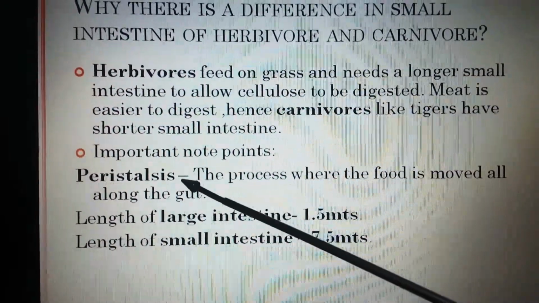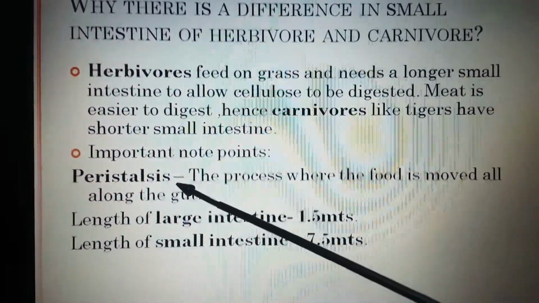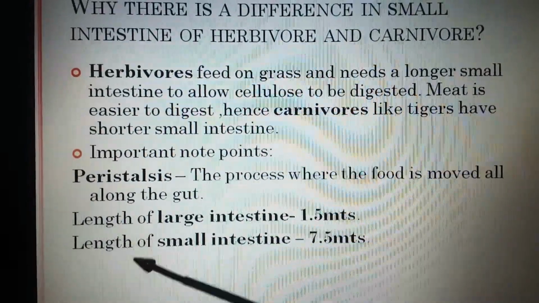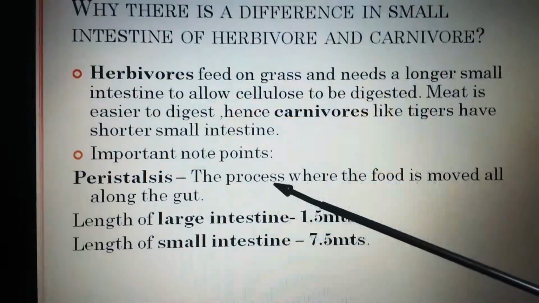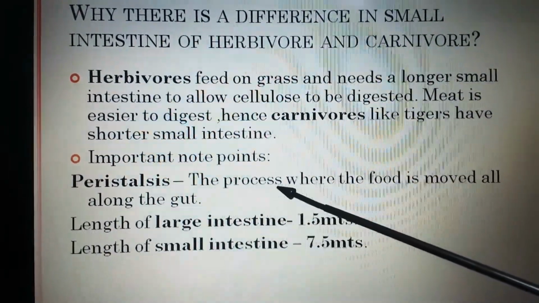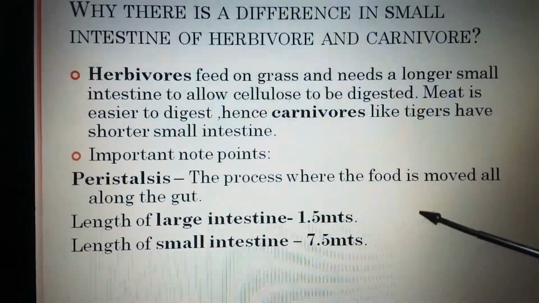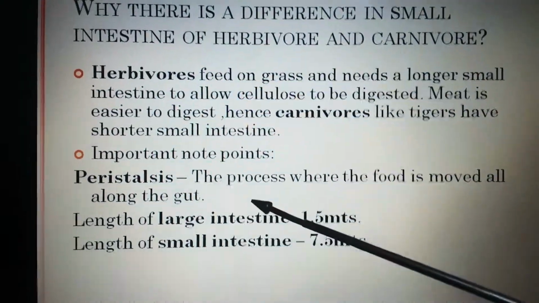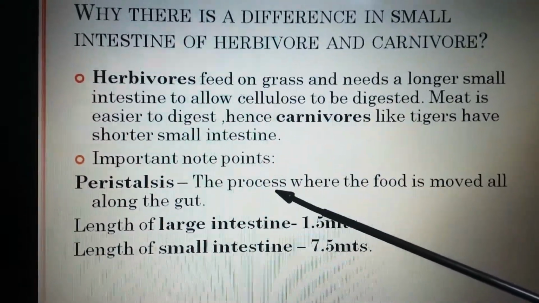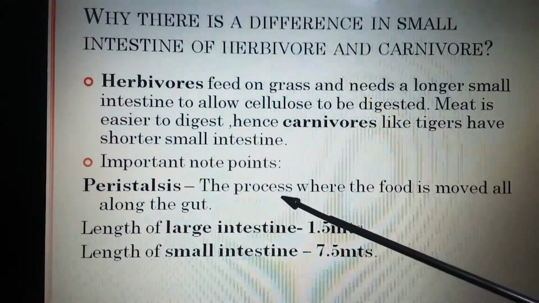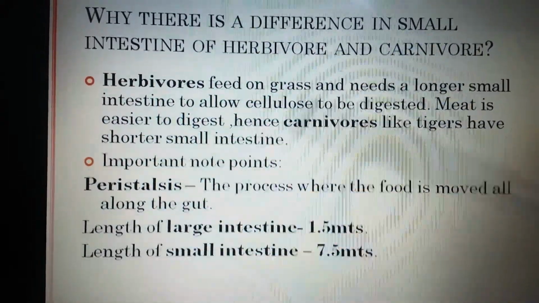And peristaltic movement, which we have already done in the previous lecture, is where there is a contraction and expansion of the gut, where the food is moved along the gut. So this is the peristaltic movement, and it occurs in the small intestine as well as in the esophagus.